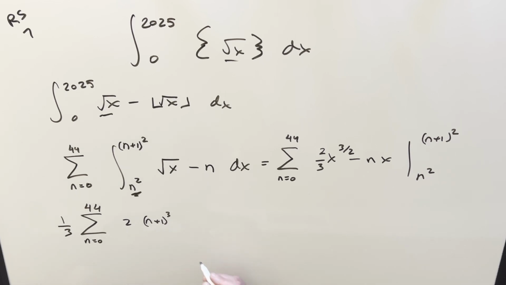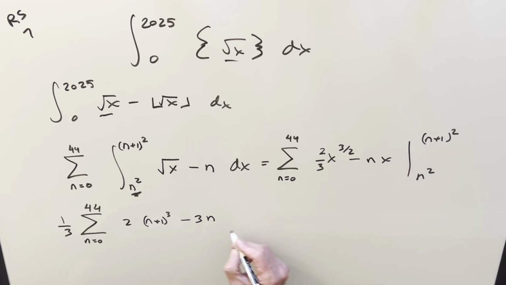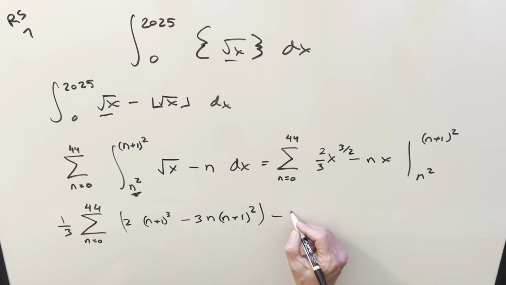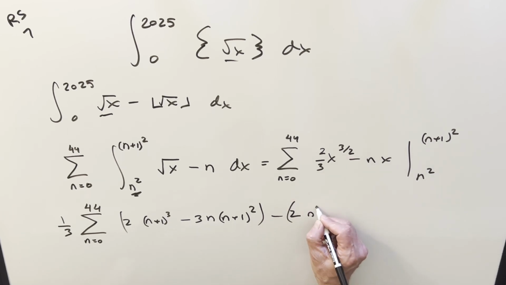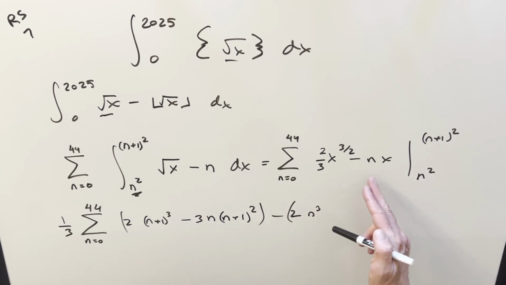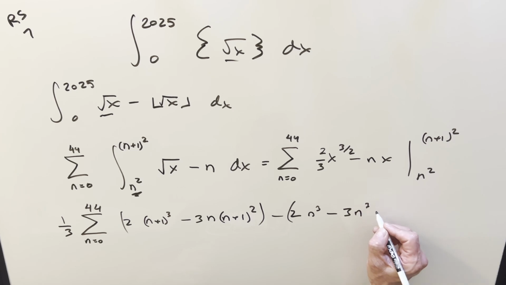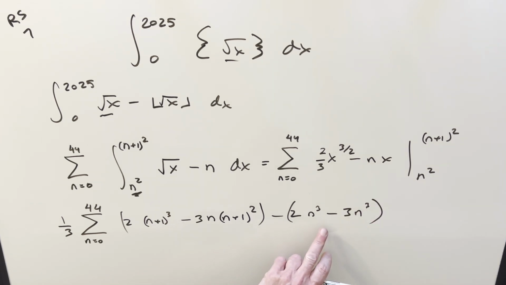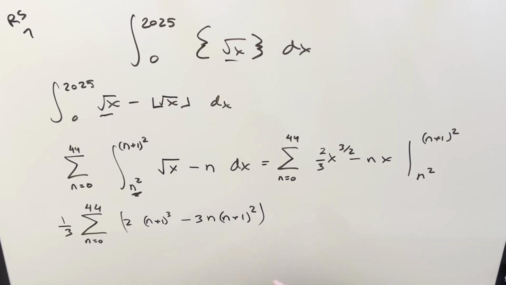I have a minus 3n because I took the 1/3 out, and we plug in n plus 1 squared, which is just going to be n plus 1 squared here. Minus, plug in n squared, we'll have this 2 again. n squared to the 3/2 is just n cubed. Plug in n squared here, but we still have that 3, so this becomes minus 3n cubed. Cleaning this part up, we have minus n cubed, but minus times minus is plus, so I can write this as plus n cubed.